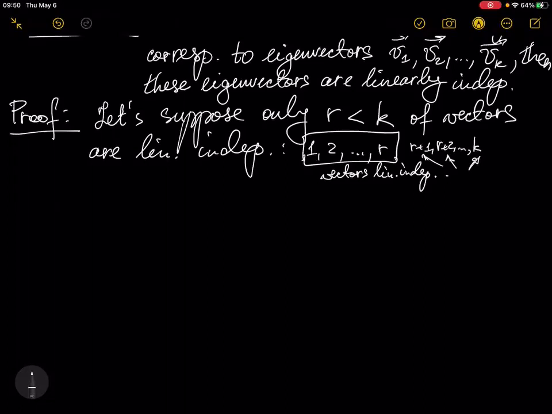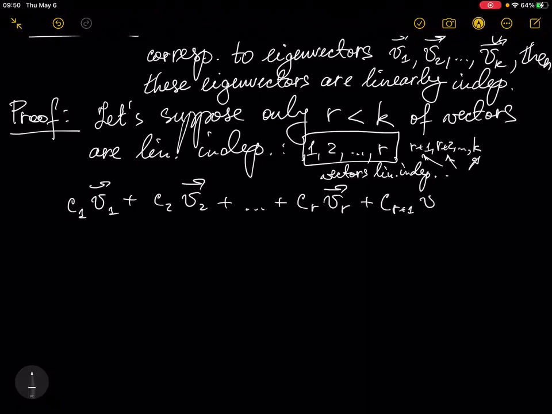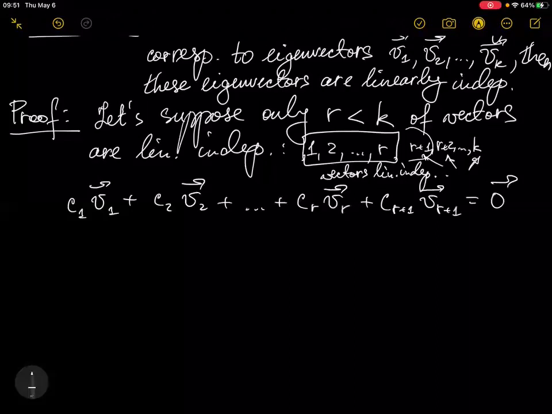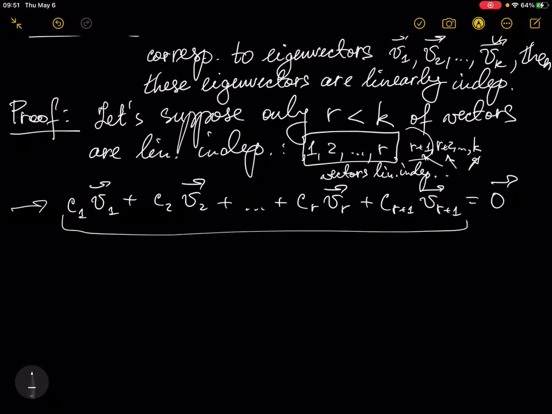Okay, let us consider a linear combination of R plus 1 vectors. Because these R plus 1 vectors are already linearly dependent, this linear combination has to be non-trivial, right?